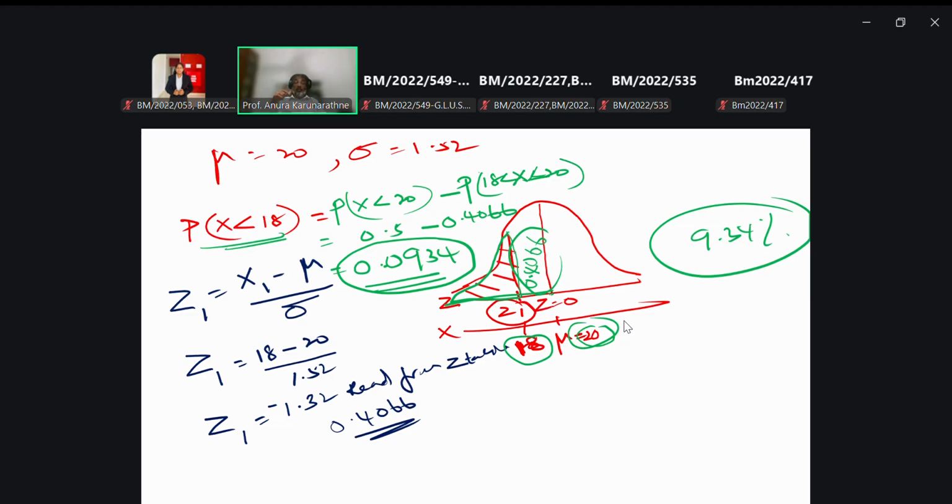So in order to obtain the standard deviation, we have to take the standard deviation of critical activities, right? Critical activities, we are not going to take the total of all activities. That is the way of obtaining the standard deviation.